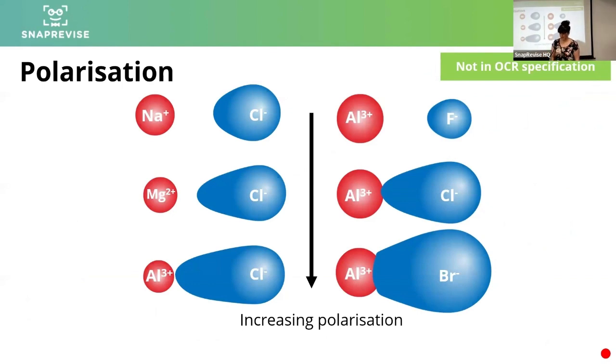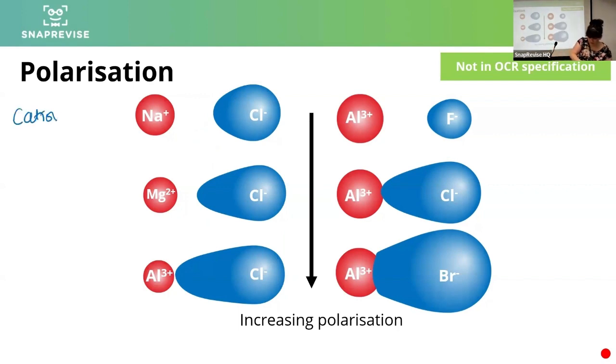As you go down from +1 to +2 to +3 cations with the same anion, so we've got chloride anions here, which is a nice big diffuse anion, the more highly charged and smaller the ion is, so the more charge dense the cation, the better it is at polarizing an anion, and therefore the more covalent character there is. So the more electron sharing is happening between the two nuclei.